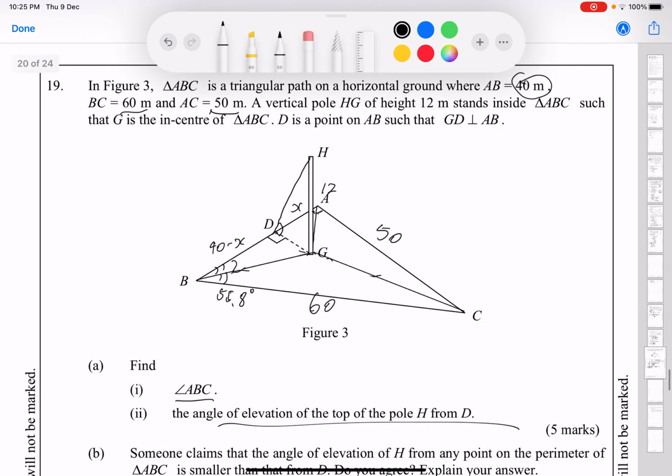We need to store the value and angle. Okay, sorry, my fault. It's not cosine, it's this one. And the angle of DAG will be half of that, which is 41.4 degree.